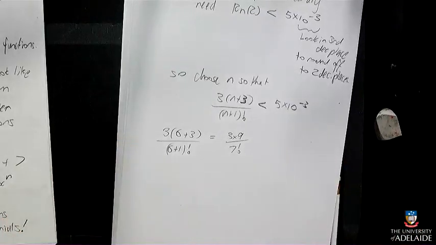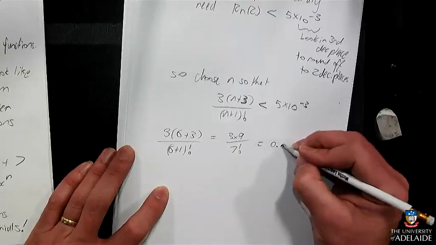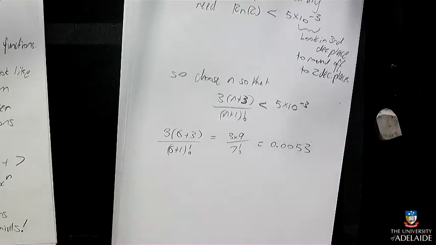So 3 times 9 divided by 7 factorial. Oh, we are so close. When I asked my calculator, it came out to 0.0053. We are just a little bit too big.